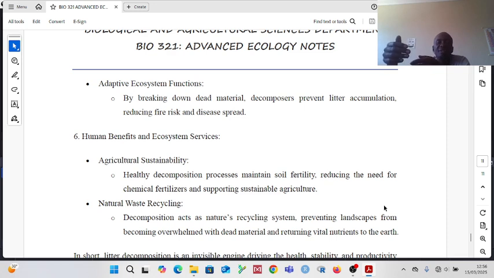If the litter accumulates, it will be so damp hapo chini, increasing possibilities of disease spread. But when it is broken down, then the ecosystem, in a way, adapts in making sure that there is no fire risk, there is no disease spread.